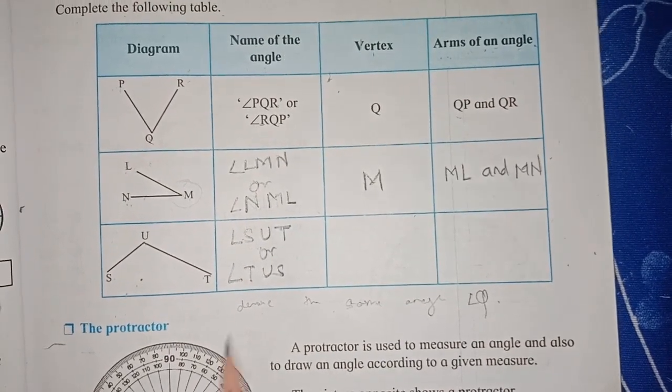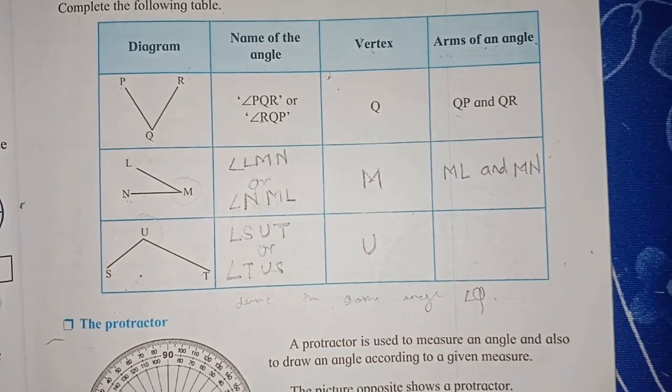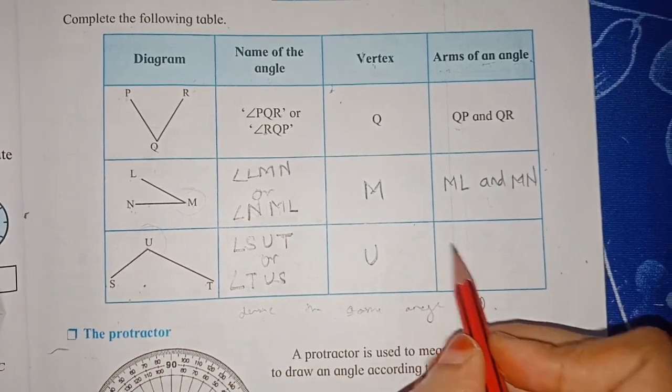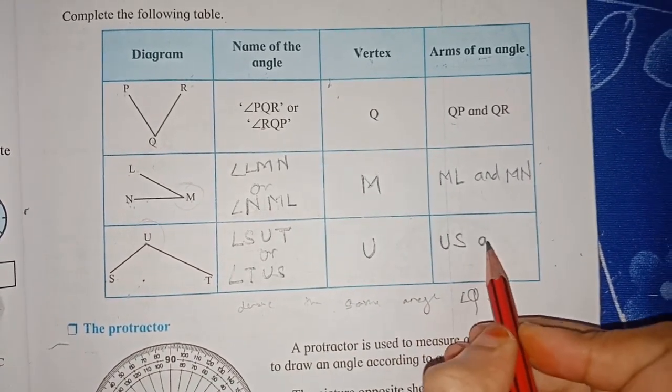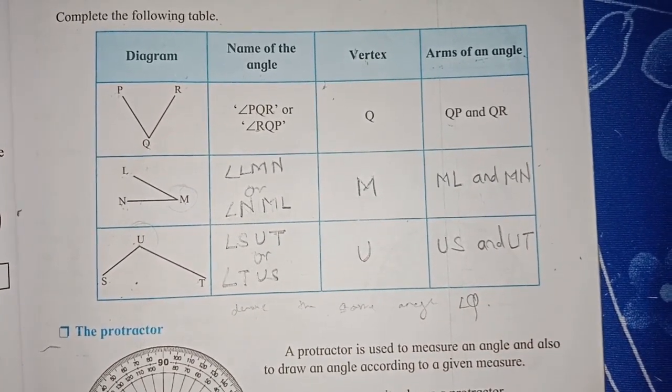Done. Now vertex is U. Arms of an angle US and UT. Done.